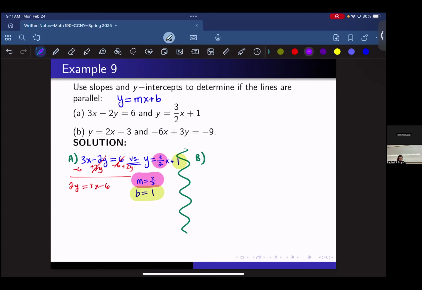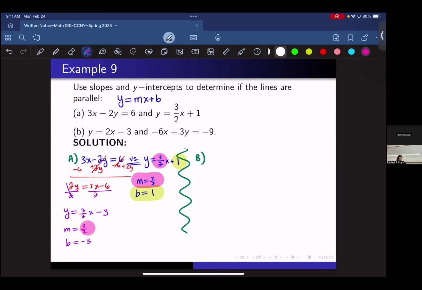And then lastly, I'm going to go ahead and divide both sides by 2. So we have 3 over 2x, and then 6 divided by 2 is just 3. Which means our slope here is 3 over 2, and our y-intercept is -3.